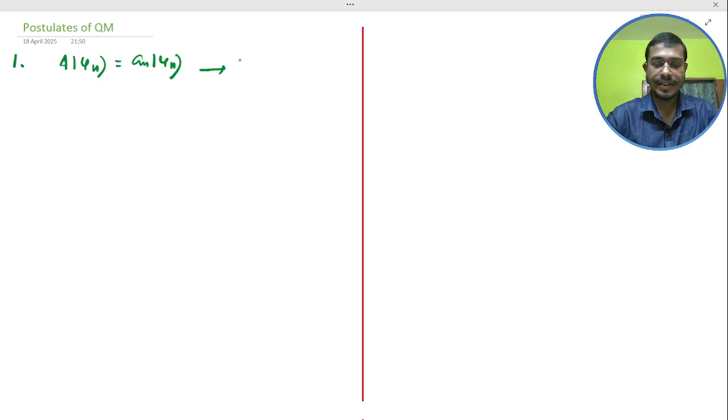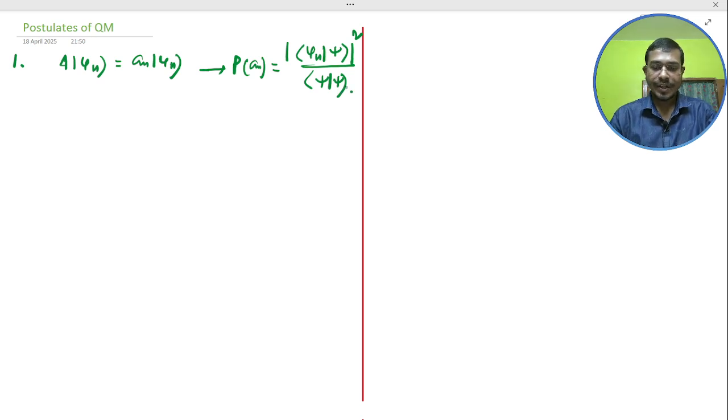The probability of the physical measurement is defined as P of a_n, which is nothing but mod of the inner product of phi n with psi, squared, divided by the normalization, psi with psi. This is the probability for the non-degenerate case.